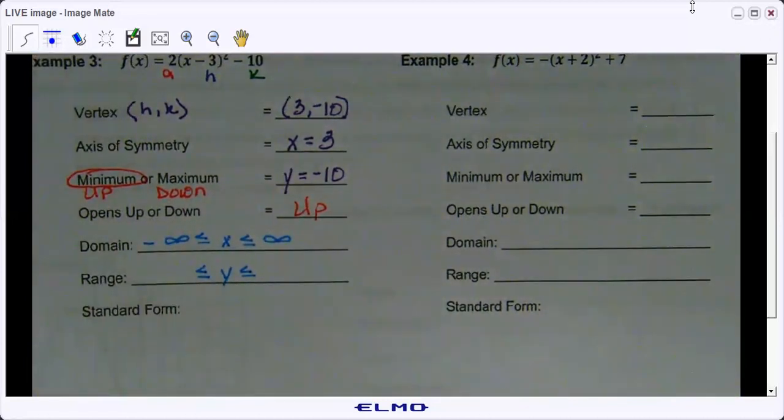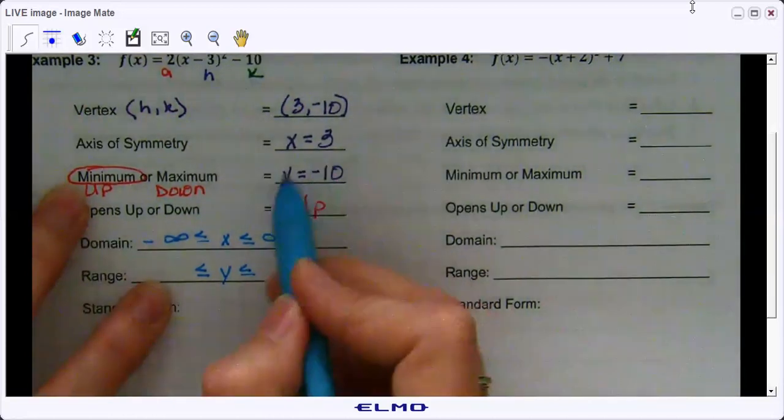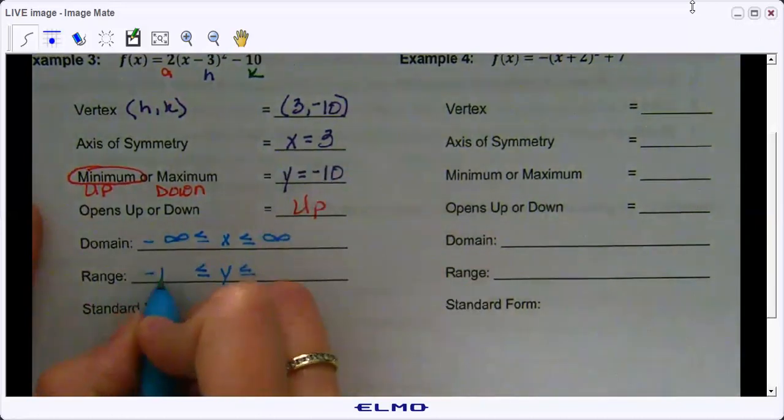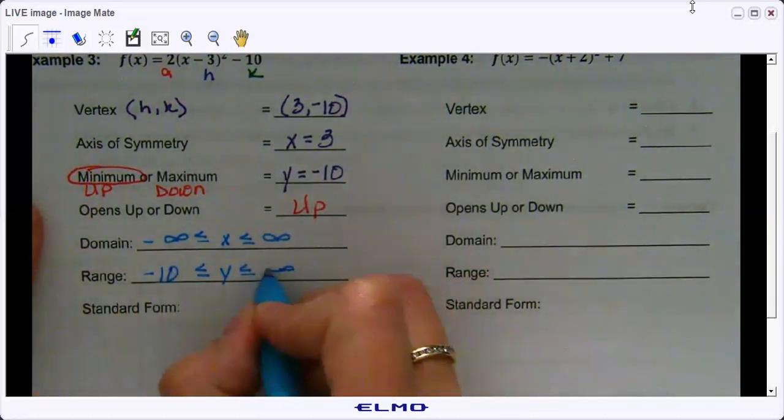Okay, so if we have a minimum, are our y's going to be greater than or less than? It's going to be greater than, yep, on the left side. So we're going to take our y of -10 and bring that down here, and then we have infinity on this side.